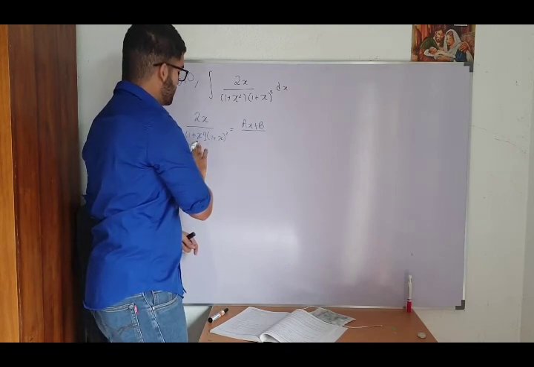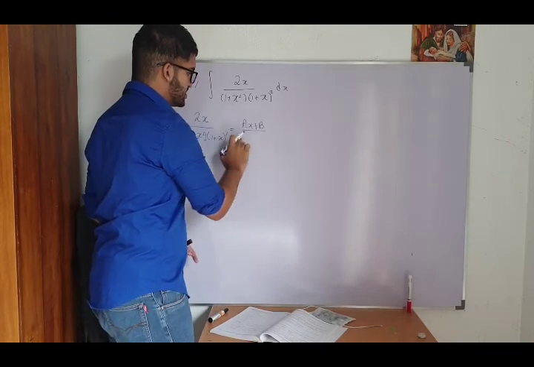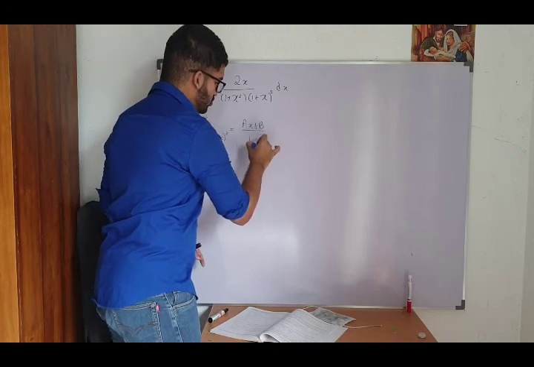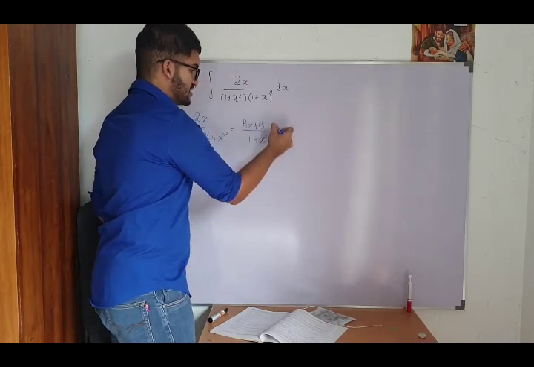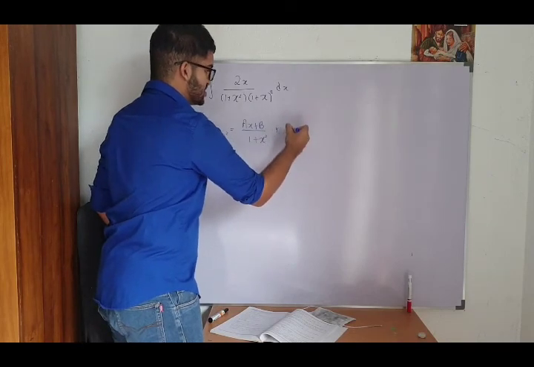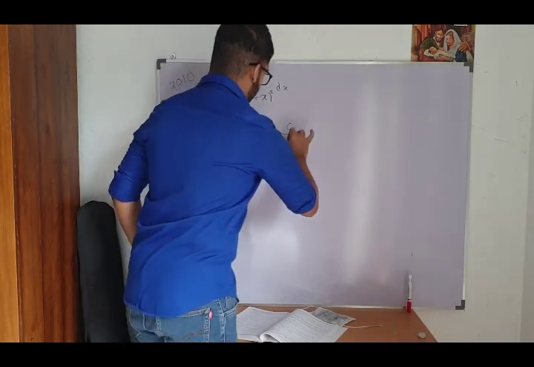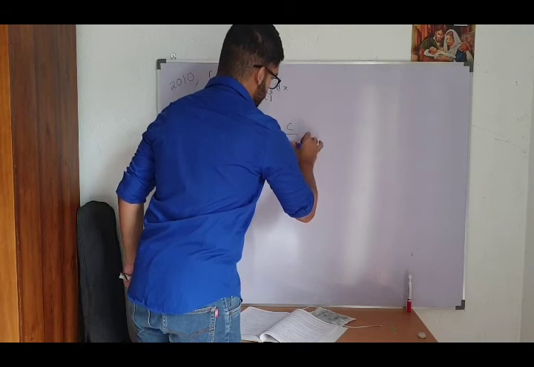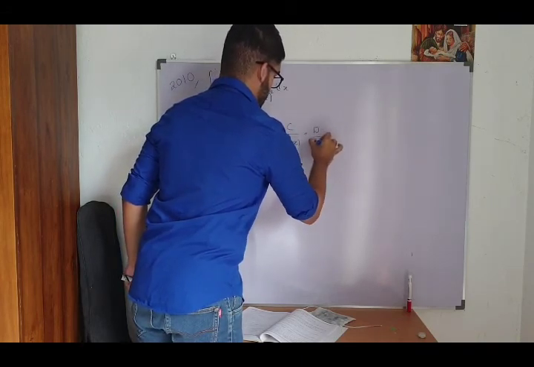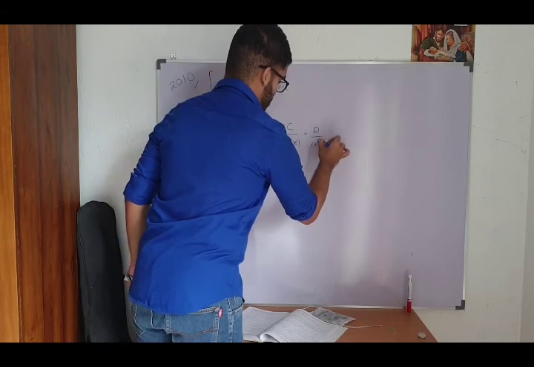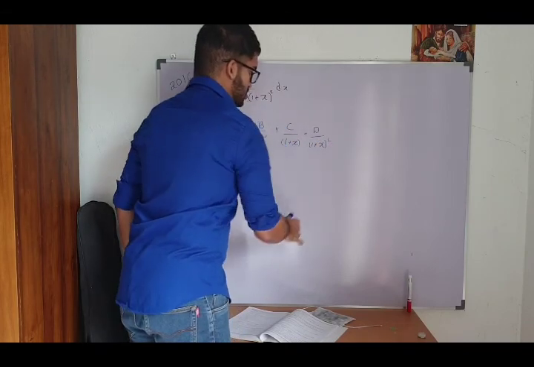So for 1 plus x squared, you write ax plus b as a partial fraction, and below you put 1 plus x squared. Then you put a plus sign here, and then c over 1 plus x, and d over 1 plus x squared.